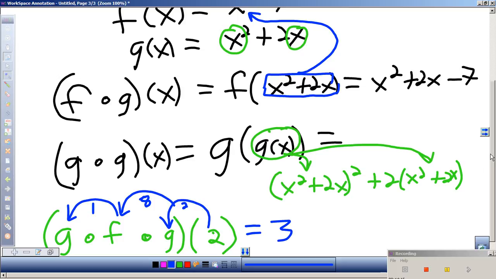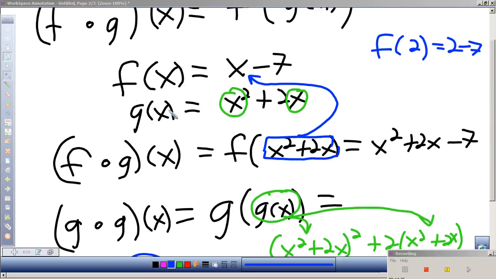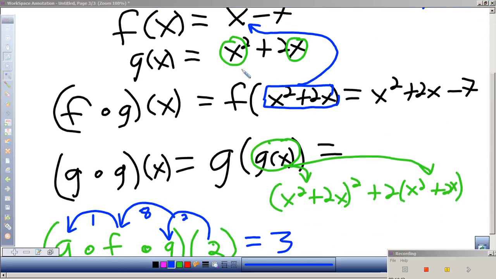Oh, how do I know what f and g are? Right there. I still use the same base function. So you plug into 2 squared plus 2 times 2. So 4 plus 4, I get 8. That's where I got this 8 from that I'm plugging into f. And then 8 minus 7 is 1. And so that 1 is what I'm plugging into g.